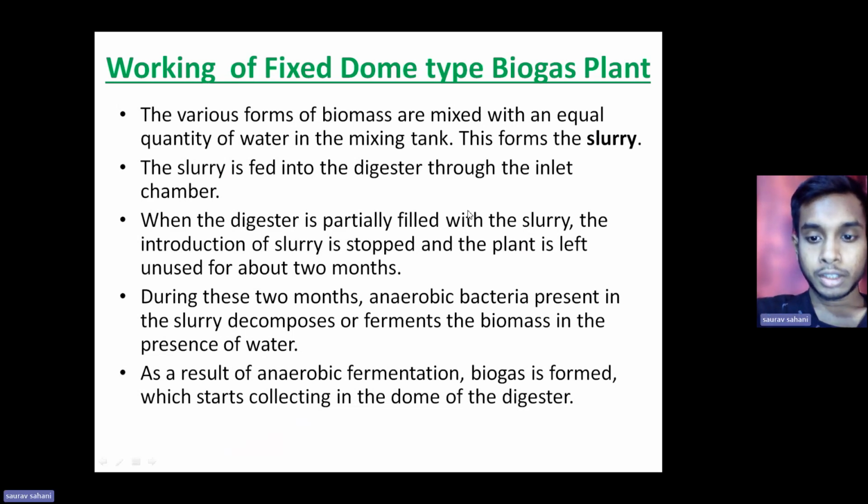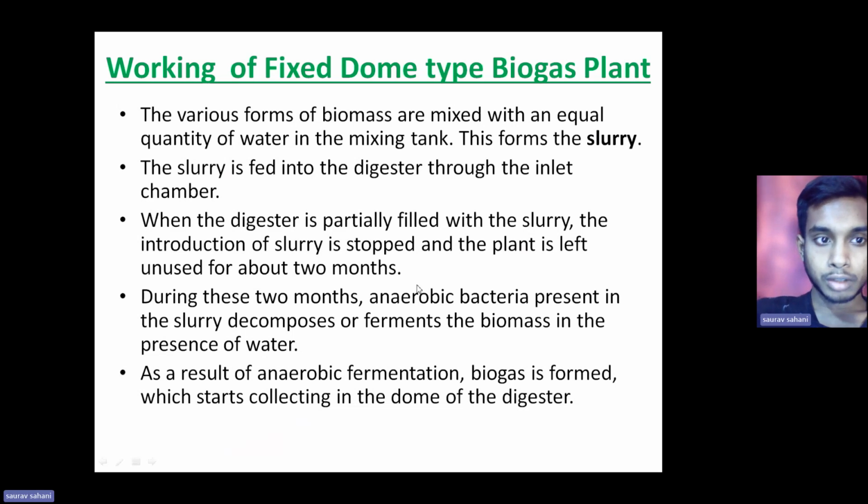During these 2 months, anaerobic bacteria present in the slurry decompose or ferment the biomass in the presence of water. As a result of anaerobic fermentation, biogas is formed, which starts collecting in the dome of the digester.